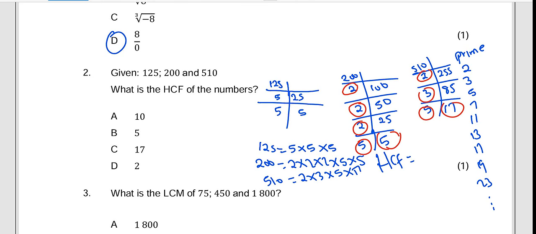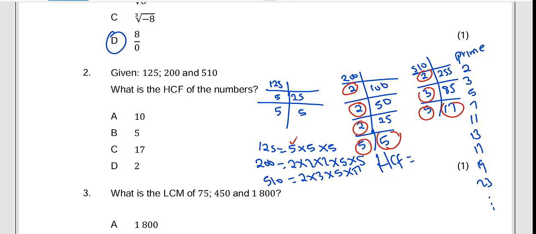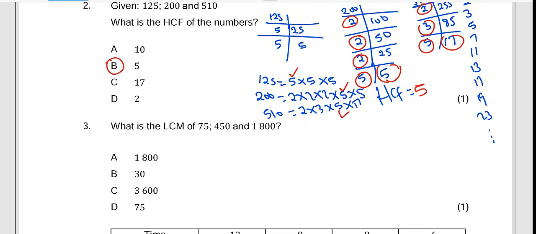So let's check. 5 is here, 5 is here, and 5 is there. We only have one 5 in common, we don't have two 5s. So meaning that the highest common factor is 5. The answer is going to be B. So let's proceed to number 3.